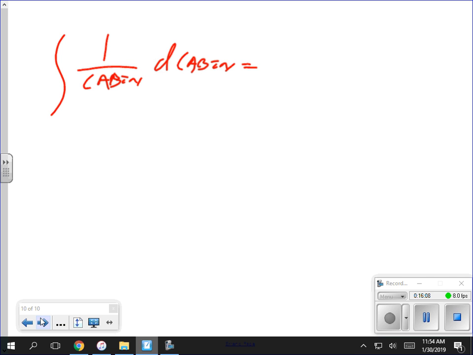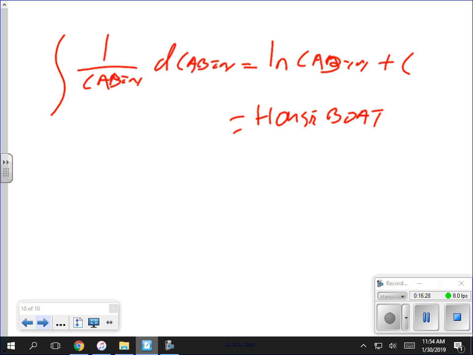It's a houseboat. The antiderivative of 1 over something is? Oh, plus C. Natural log cabin plus c.